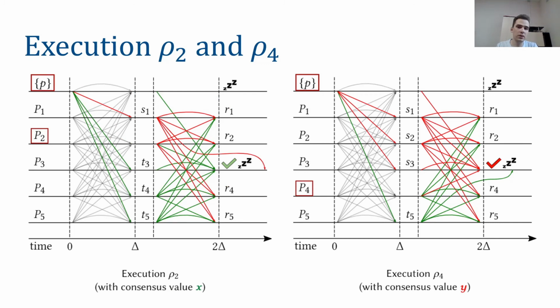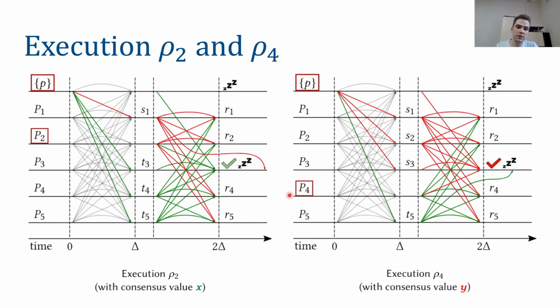Let us now compare executions row 2 and row 4 side by side. In these two executions, the correct processes in group P3 decide different values. For all other correct processes, the Byzantine group P2 in execution row 2 acts in the same way as in execution row 4. They send red messages.